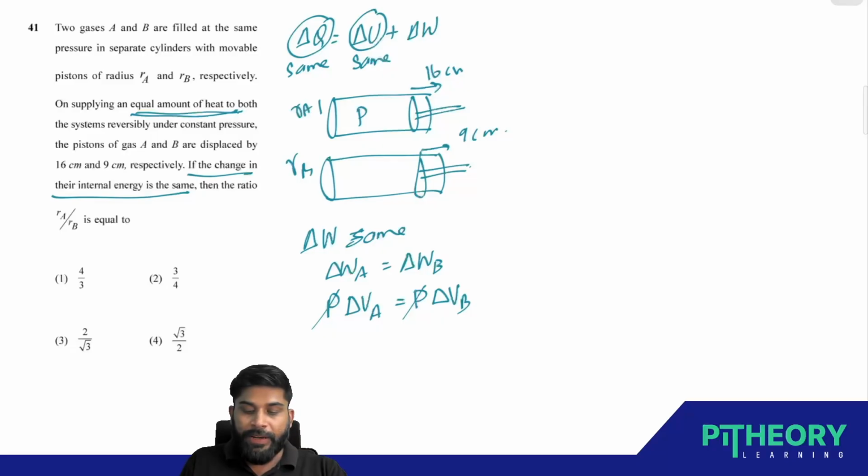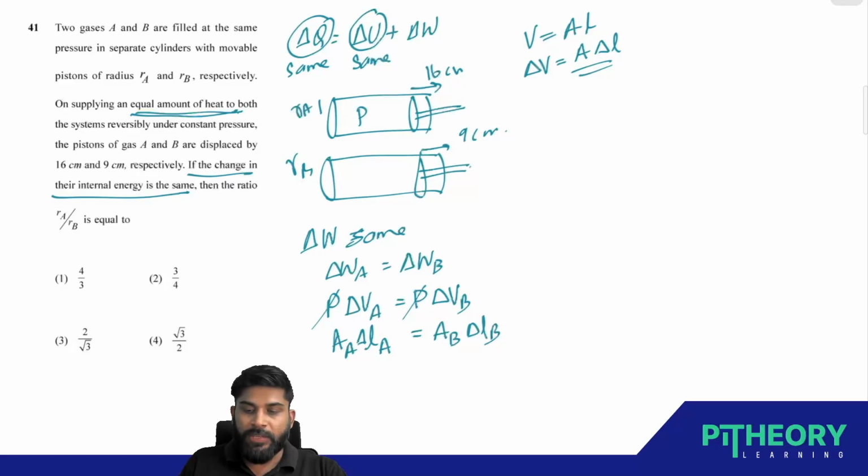Volume is nothing but base area into height of a cylinder, so change in volume is area times change in length. So A delta LA equals AB delta LB.